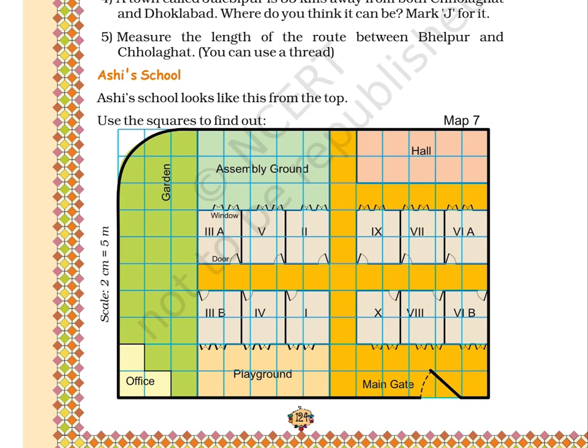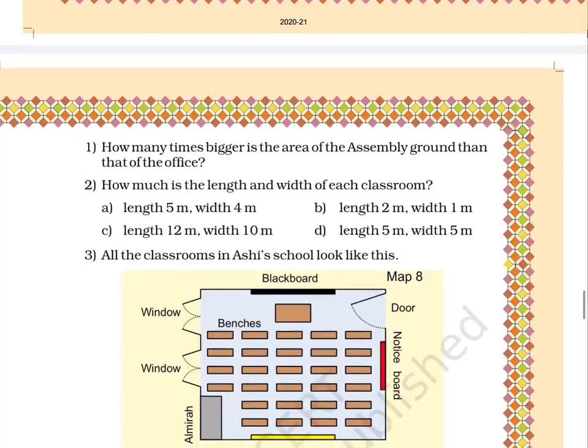Below this is given Map 8, which represents a classroom in Ashi's school. We can see blackboard, display board opposite it, the windows and the doors clearly marked, the almirah in one corner, notice board on the opposite wall, and of course all the benches neatly placed, along with teacher's bench.